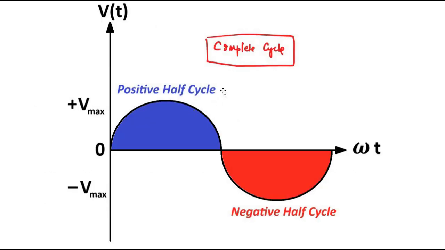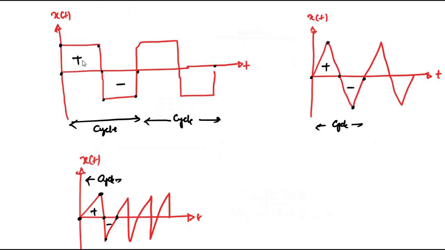And then we have alternation. This half portion of the complete cycle is called the half cycle or alternation. This complete cycle consists of a positive half cycle and a negative half cycle. So this half cycle is called an alternation. Here also, this is the positive alternation, this is the negative alternation, again followed by a positive alternation and a negative alternation.